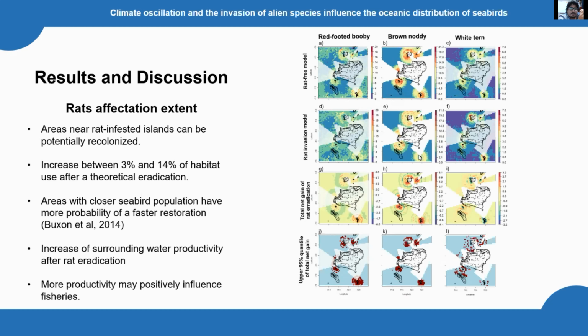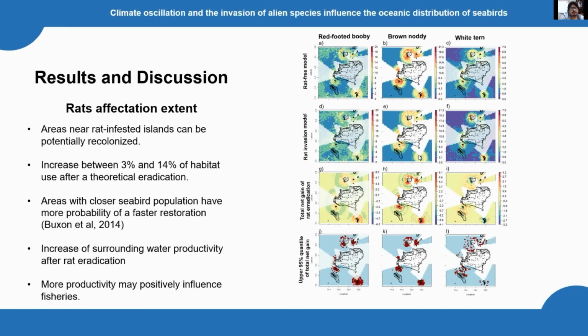Areas with closer seabird populations have a higher probability of faster restoration. That's another important thing that was published by Boxing et al., and we confirm that areas with nearby populations are more probable to be restored, because colonies can colonize other areas.